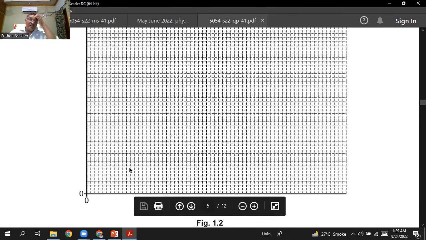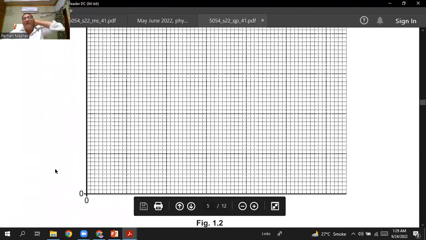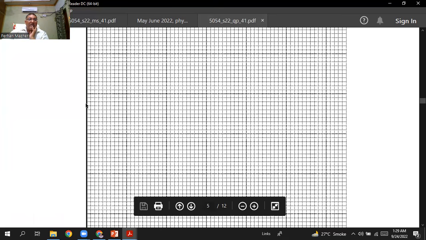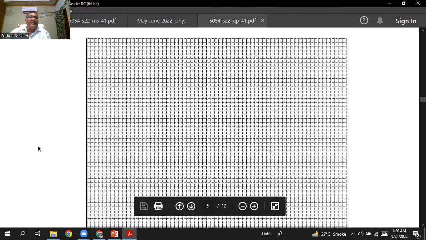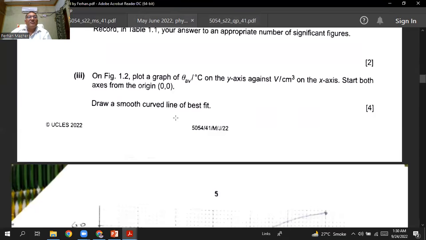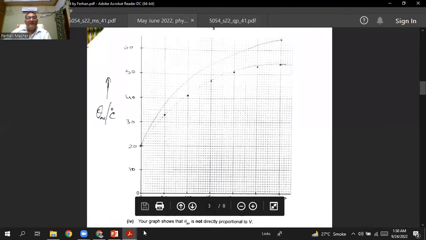The temperature is on the y-axis, and the temperature goes up to 60. So it will be 10, 20, 30, 40, 50, and 60. So this is how you will do it. Okay, so I can show you the graph I have.